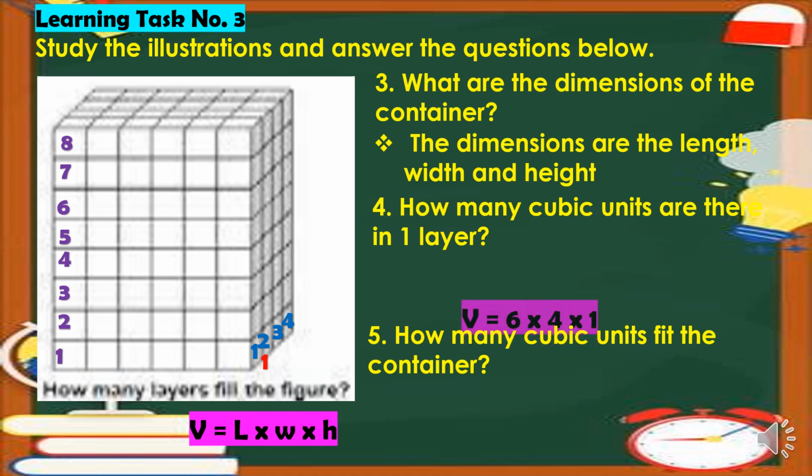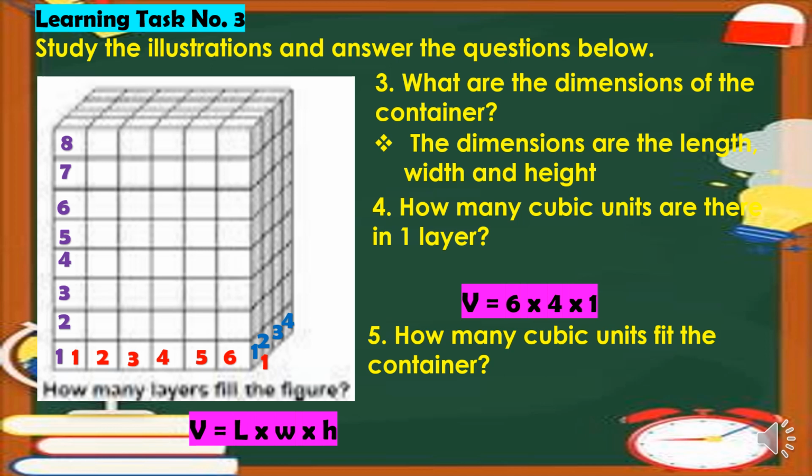So when we substitute, we have 6 times 4 times 1. Saan nanggaling yung 6, yung 4, and then yung 1? Yung length natin, which is 1, 2, 3, 4, 5, and then 6. And then we have the width, which is 1 to 4, yung nasa sides natin.